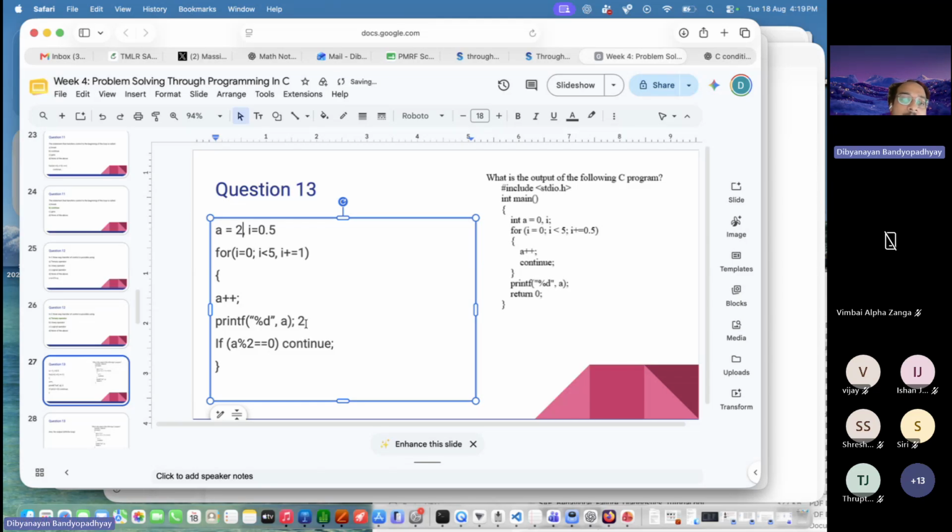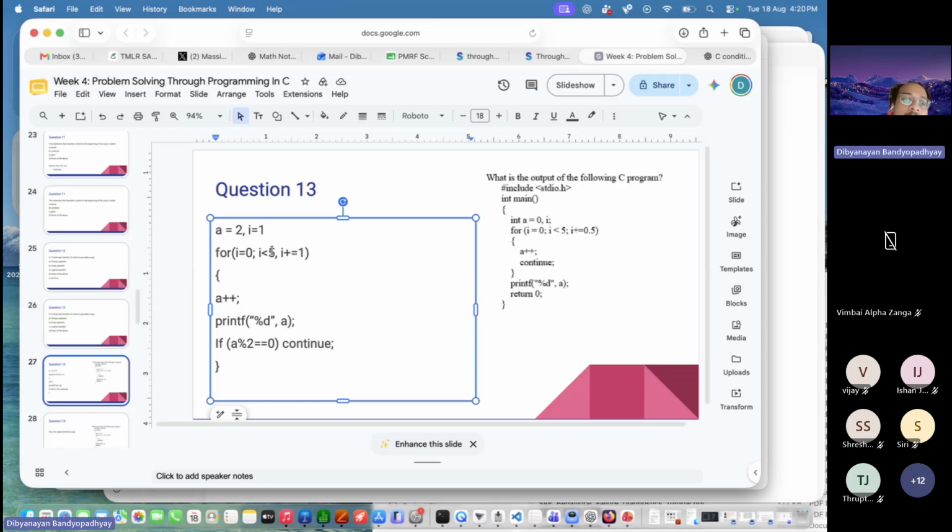Correct. So I intended to begin with 2 actually here. Now look at the code. So a is 2, and i is, let's say, 1, doesn't matter. Then i equal to 0, it will run up to i less than or equal to 5, with i plus equal to 1. After one step of looping, the value of i will be 2, but it is not reaching up to 5.